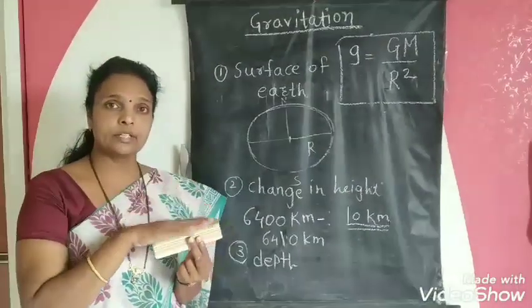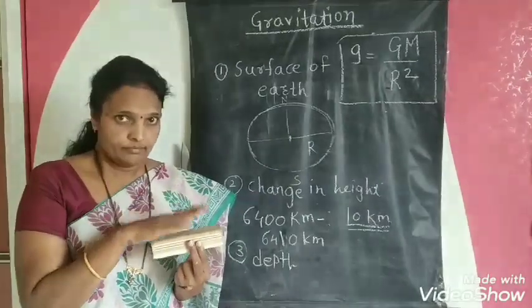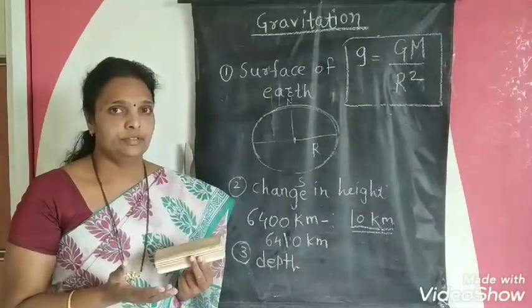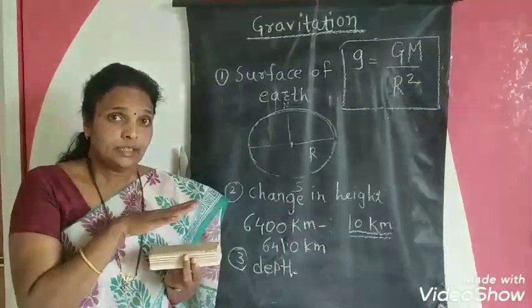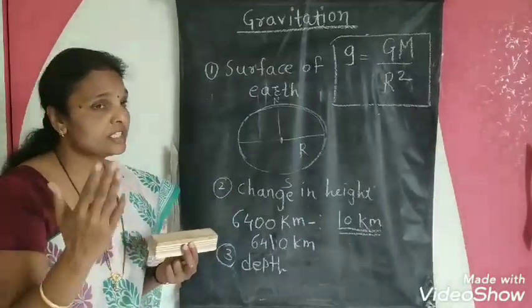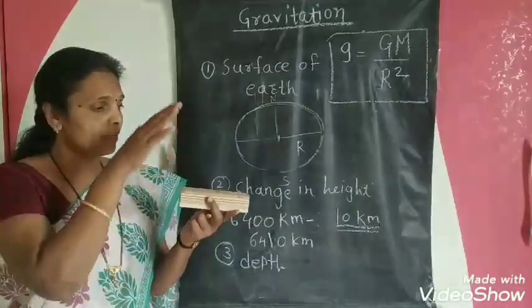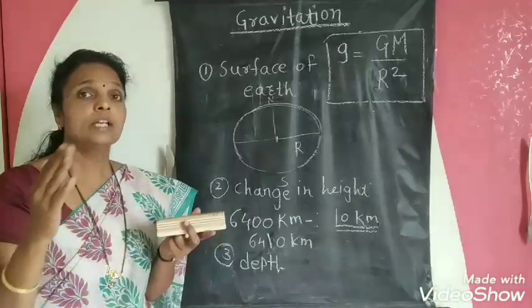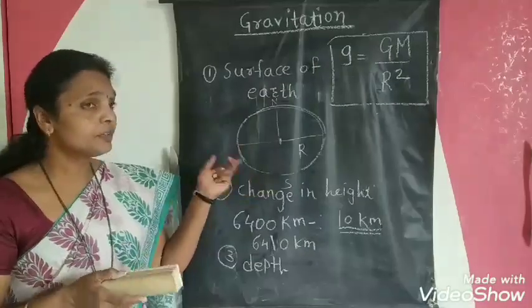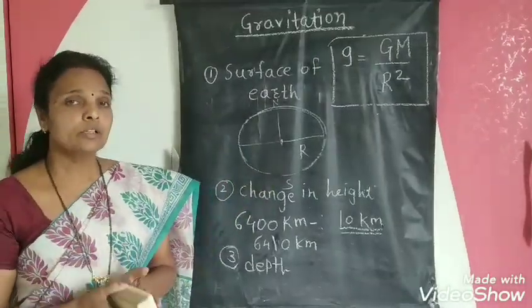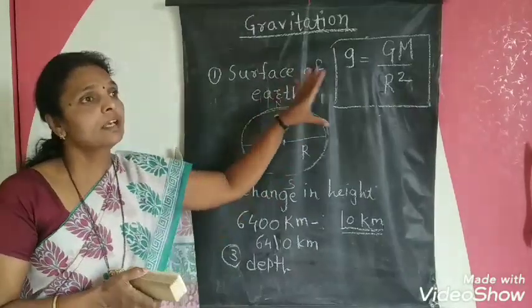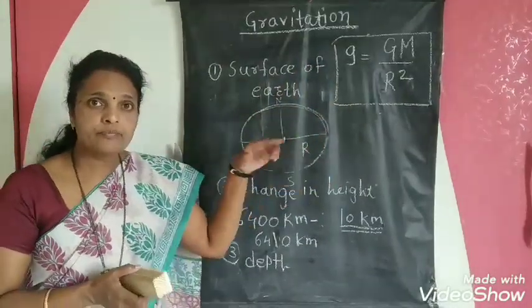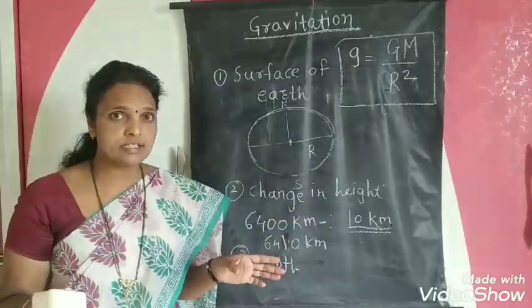The SI unit of weight is Newton, and weight can change, meaning it will change from place to place. So the difference between mass and weight: mass is the same everywhere, weight changes.